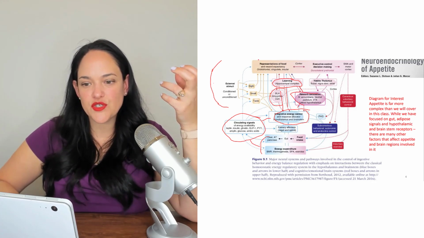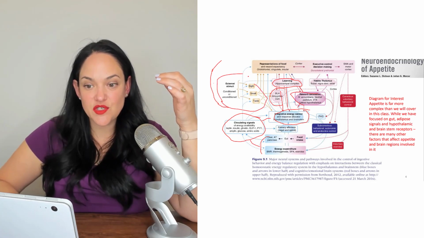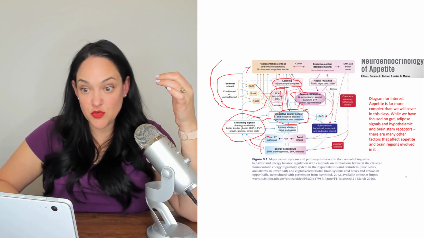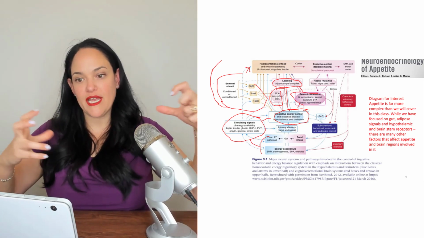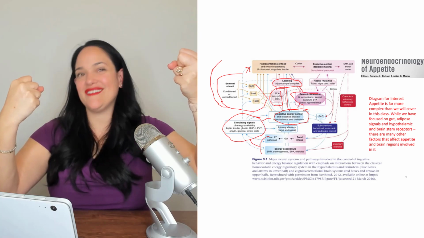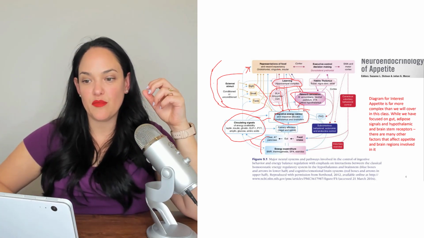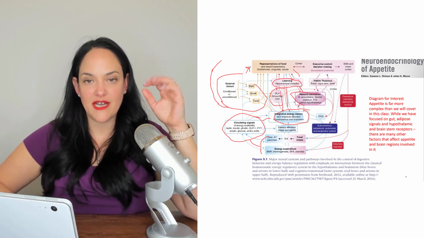And then, of course, external stimuli that are sensed by our sensory parts of our brain, and then made sense of with some of our thinking parts of our brain, and how those can go on to affect appetite as well.